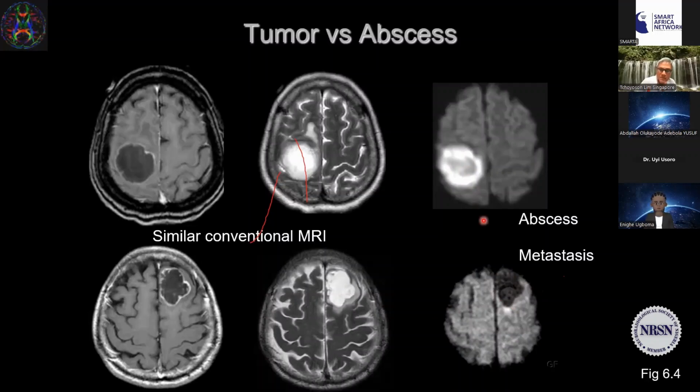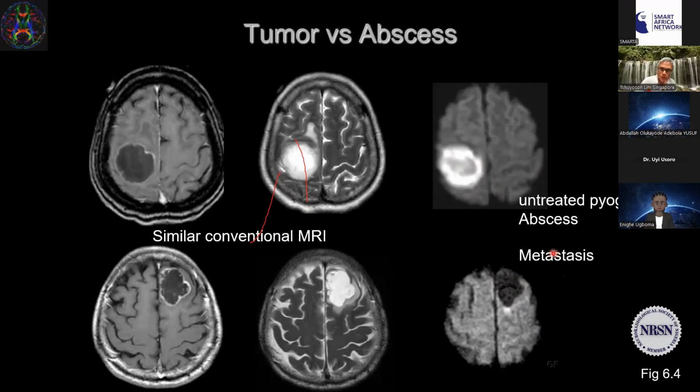There are some exceptions to this rule, and it's important to realize that untreated abscess will give you this finding. If successful antibiotic treatment is started, that high signal intensity and low ADC will start to normalize.